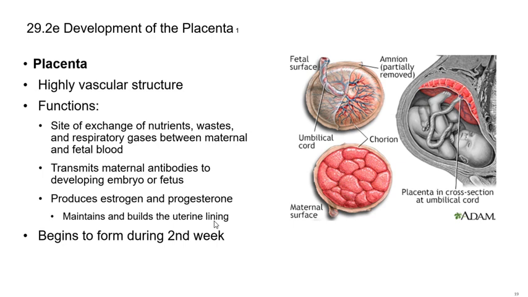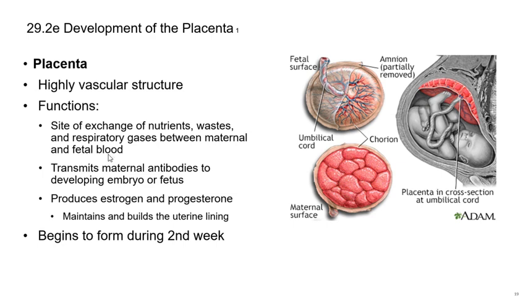So what's happening here is this placenta is allowing for the exchange of nutrients, waste products, gases, and whatnot between fetal circulation and maternal circulation. Okay, there's also the passage of antibodies that can move to the fetus to confer a little bit of passive immunity as well, right?